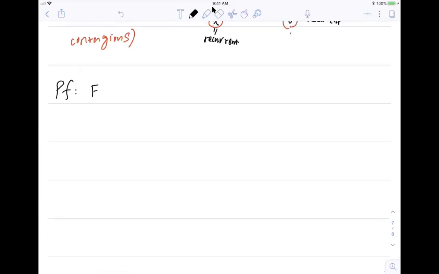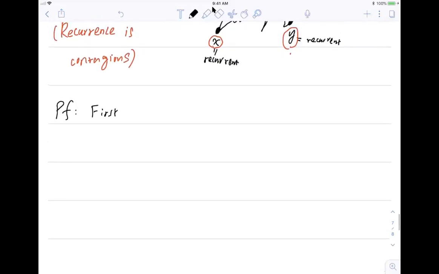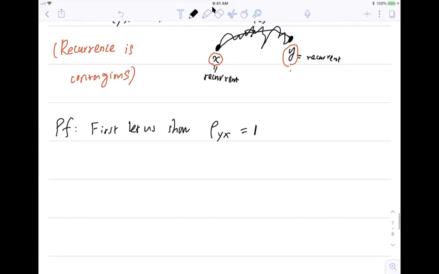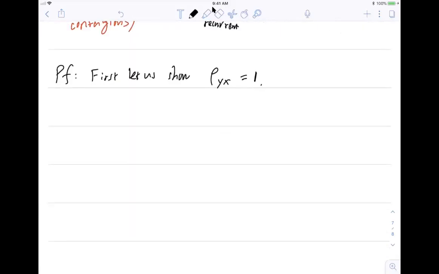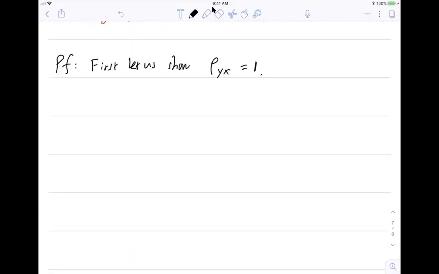First, let's show that rho y x actually equals 1. Maybe I just do the rigorous proof. Let us show this by contradiction.